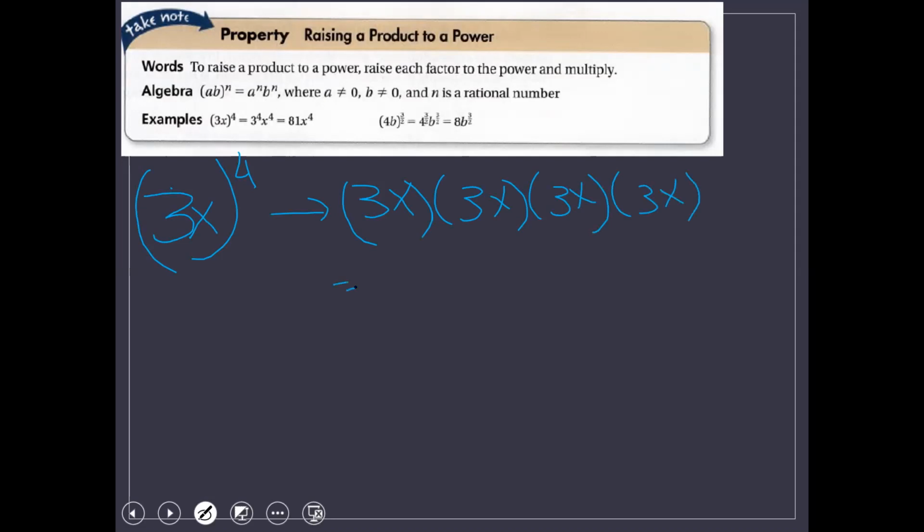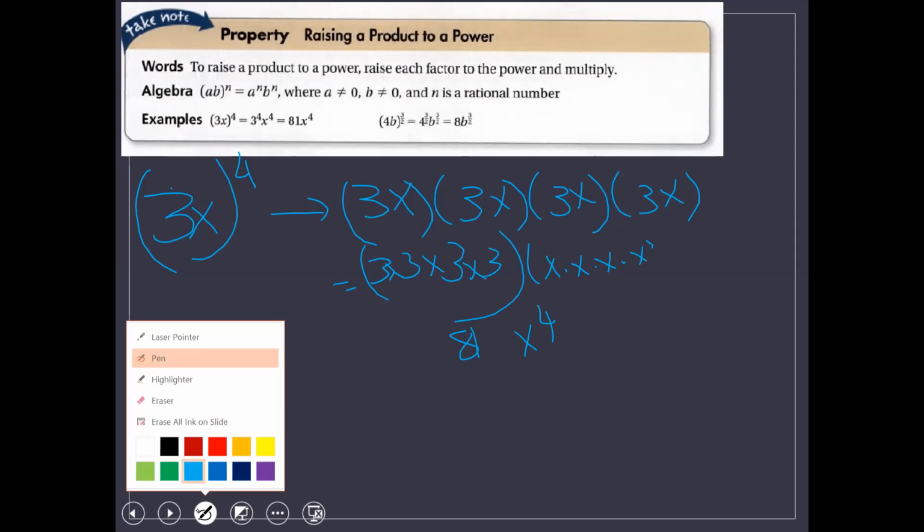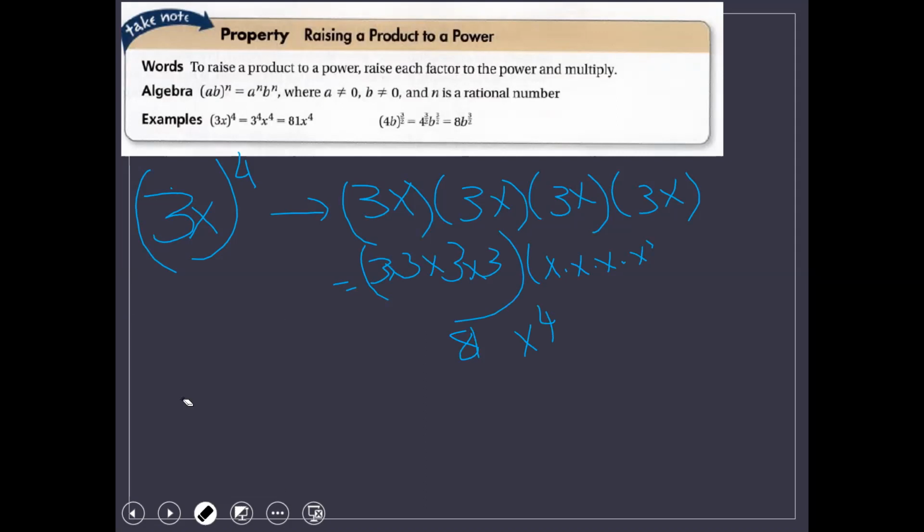And also, if you go back to use the previous steps, we put all the coefficients first: 3 times 3 times 3 times 3, multiplying by x times x times x times x. Then the answer is 81 x to the power 4. But now we have to learn a new way.